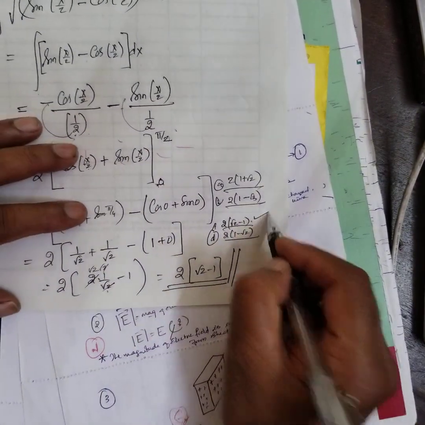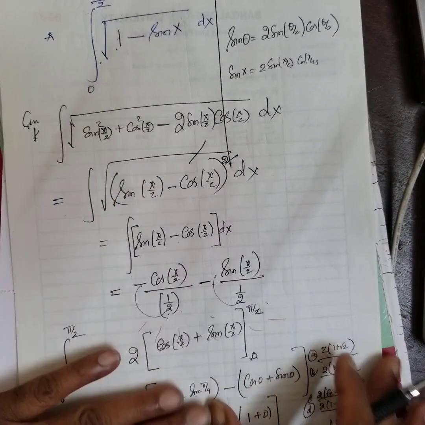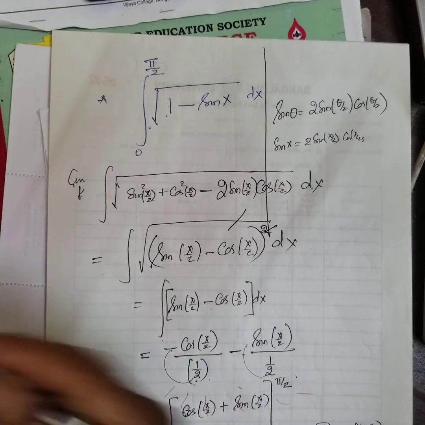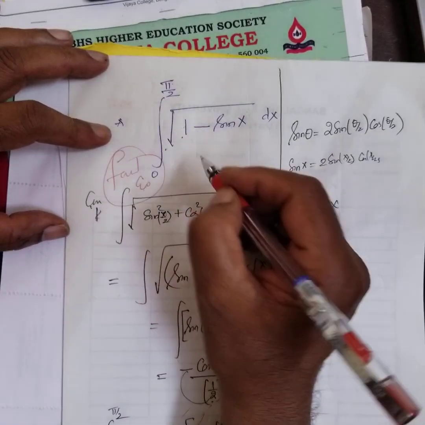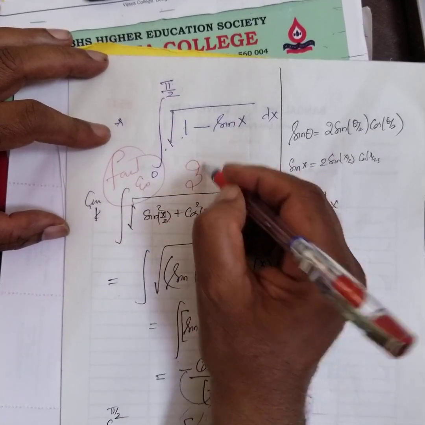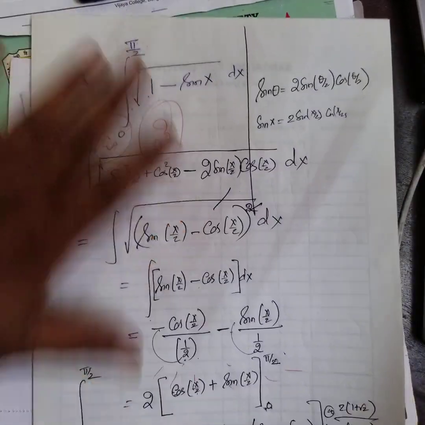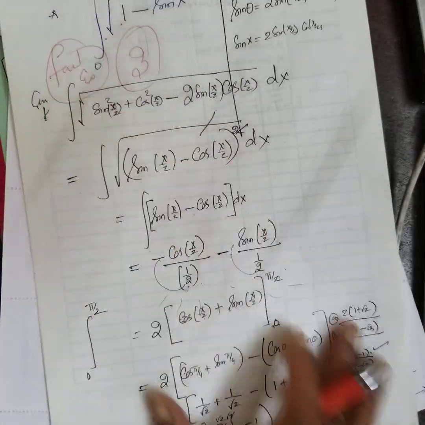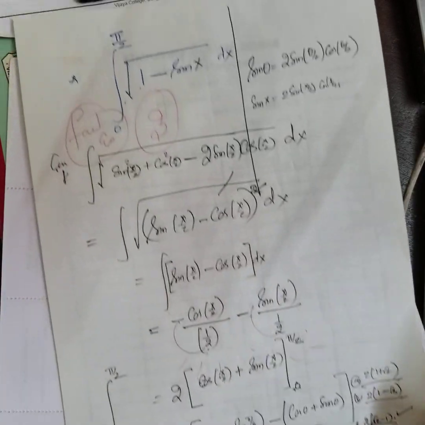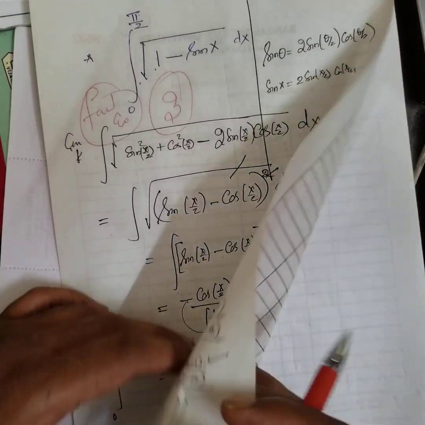You have to find out, and for that you should have worked it all out. The same sum they asked in the final exam, for 3 marks or 2 marks. Therefore, integration is really important, and even in higher classes, engineering and all, you can't escape. Therefore, work out the sum 2-3 times.